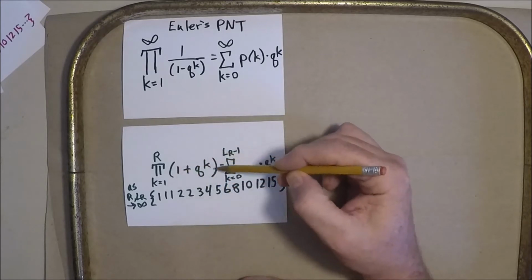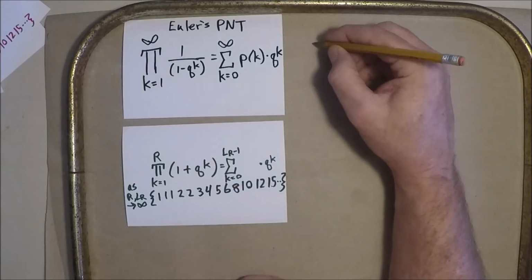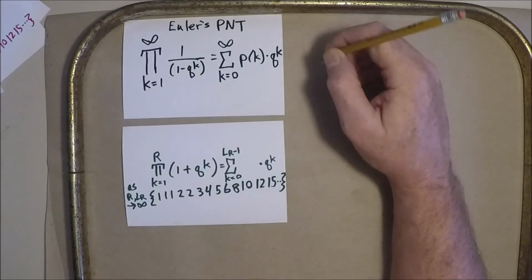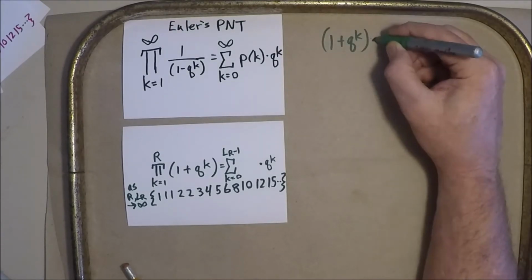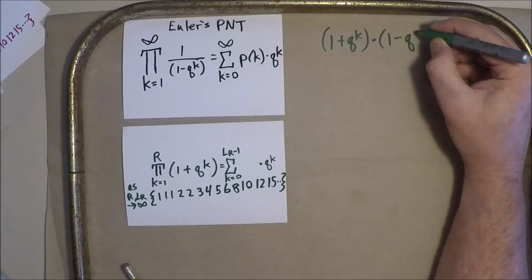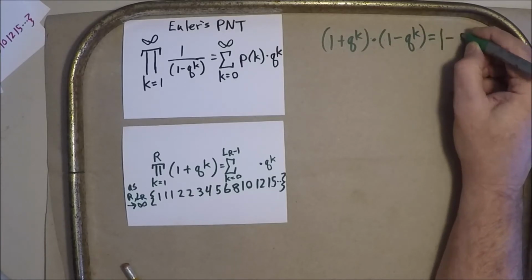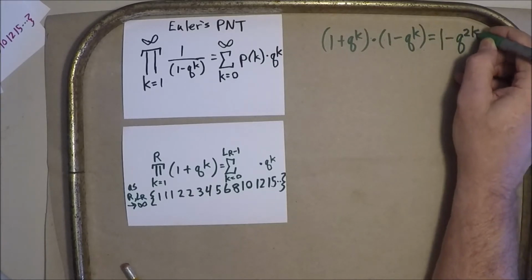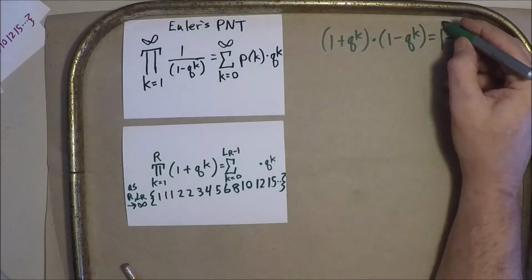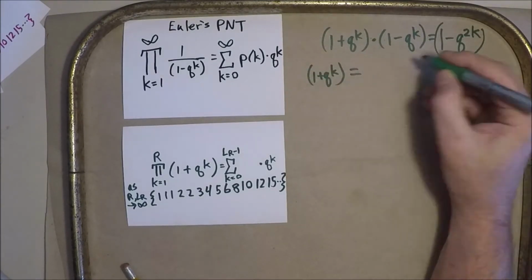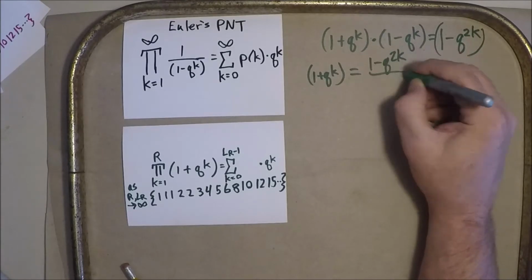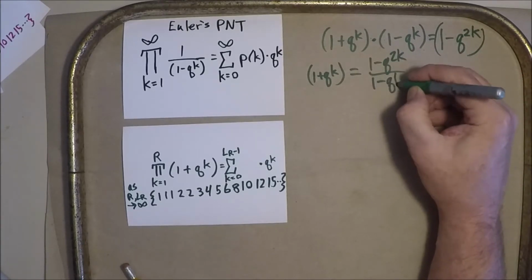So if we manipulate this term in place, one thing we can do is say that 1 plus q to the k multiplied by 1 minus q to the k will give us 1 minus q to the 2k. So we can substitute 1 plus q to the k equals 1 minus q to the 2k over 1 minus q to the k.